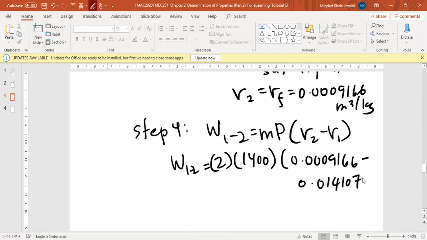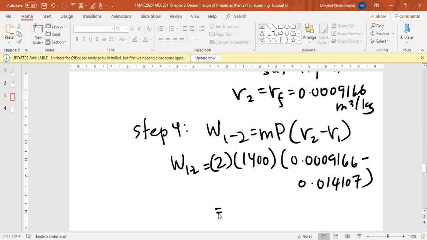By calculating the values, make sure you press the calculator correctly. Sorry for the delay.